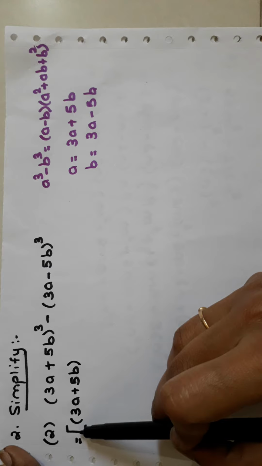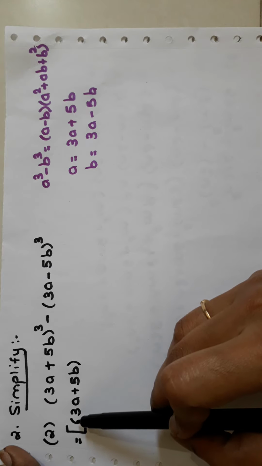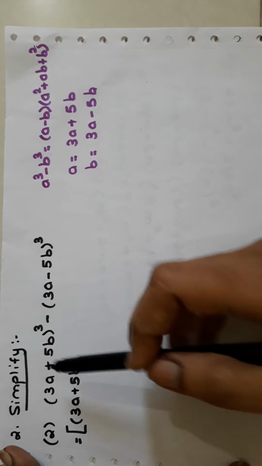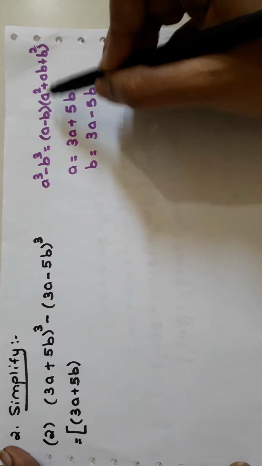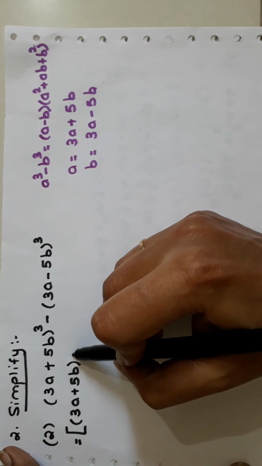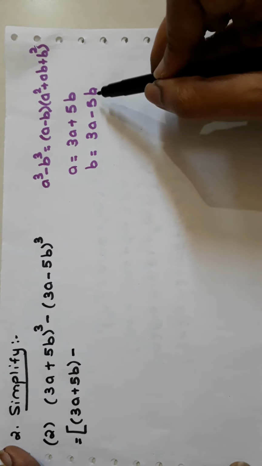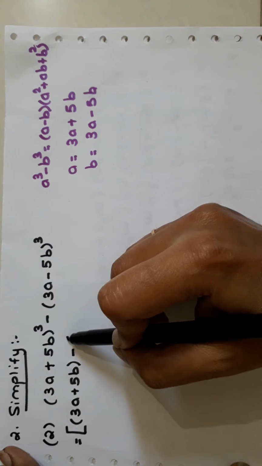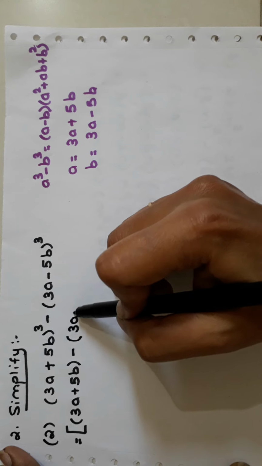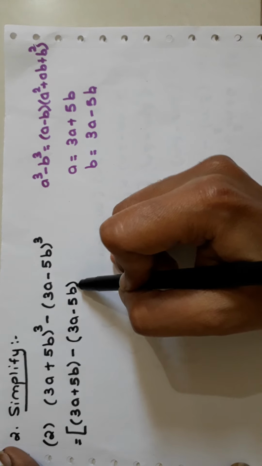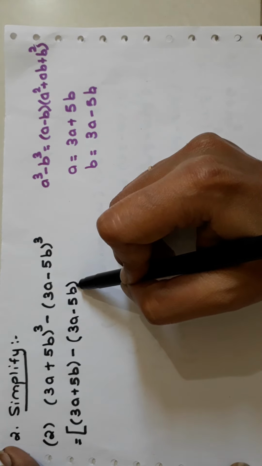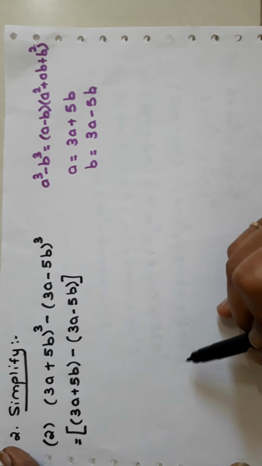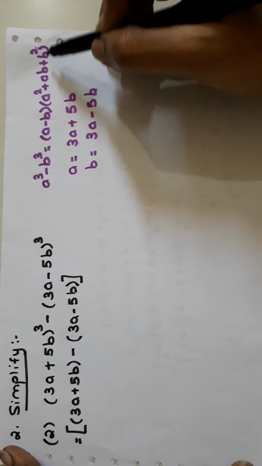Now I am putting a square bracket and a bracket because for a there are two terms. Then minus b. b is 3a minus 5b. Now since there are two terms, you will put a bracket and then 3a minus 5b. And square bracket complete.